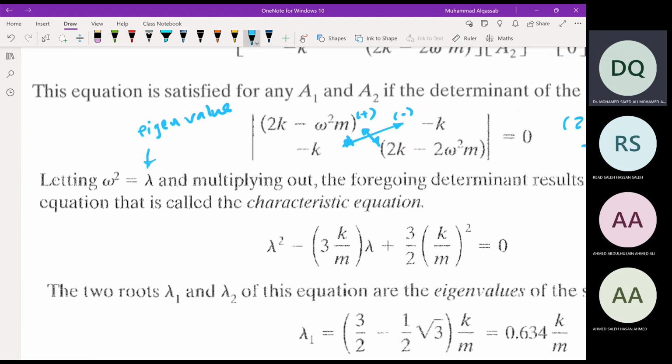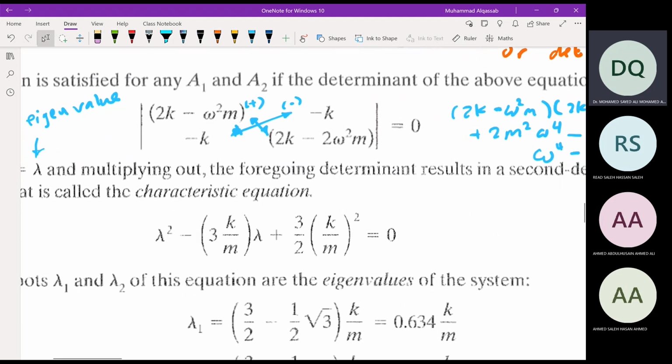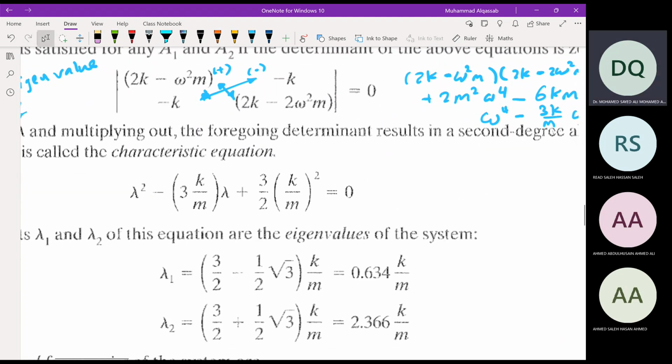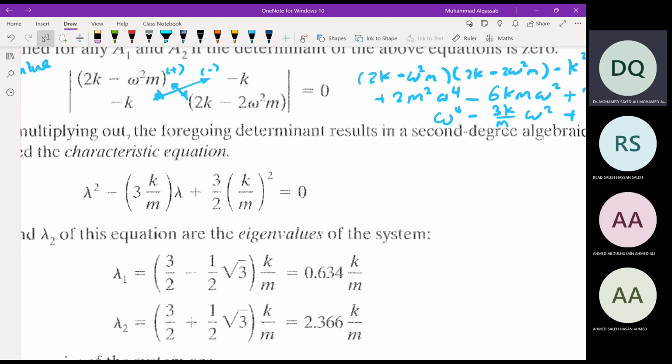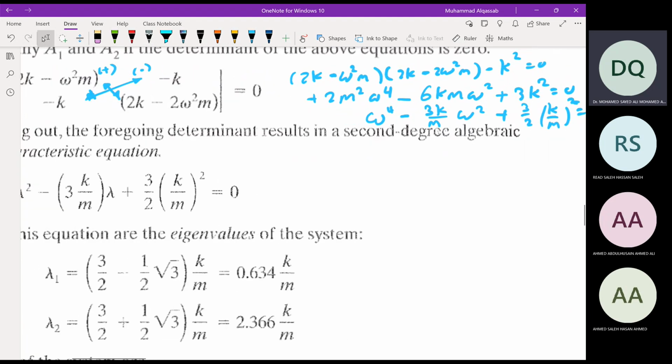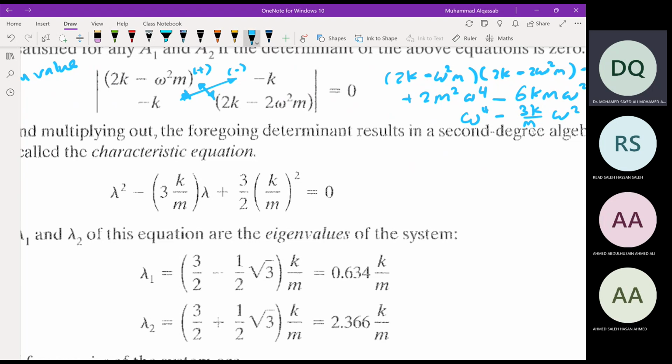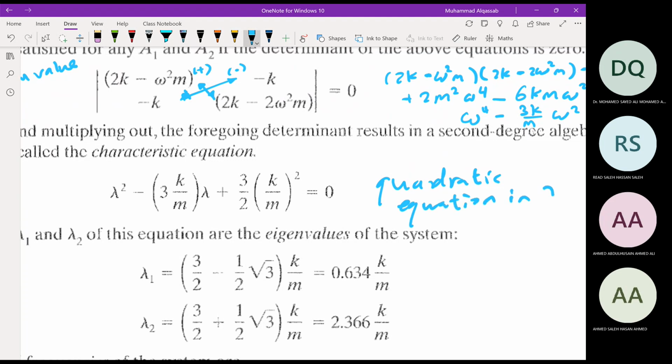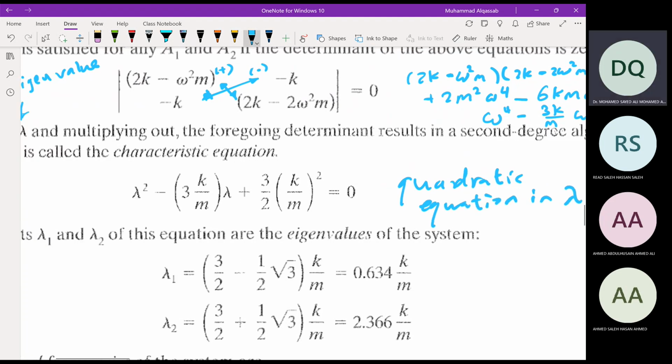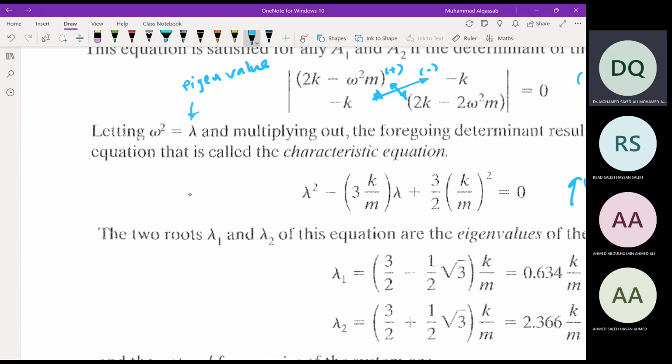In terms of eigenvalue, it is lambda square minus 3k over m lambda plus 3 over 2 k over m square equal to 0, which is a quadratic in lambda. This equation is also called the characteristic equation, in which you can find the roots.